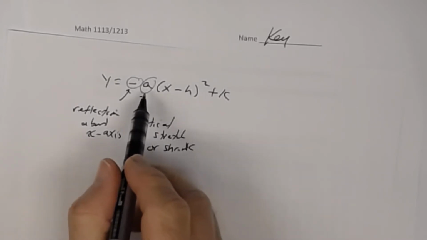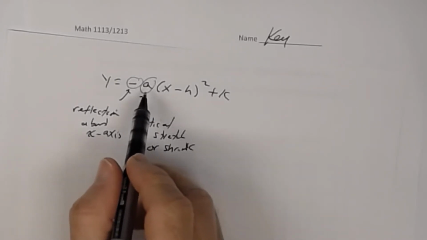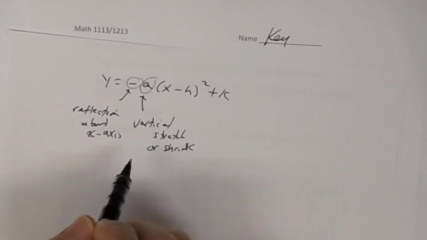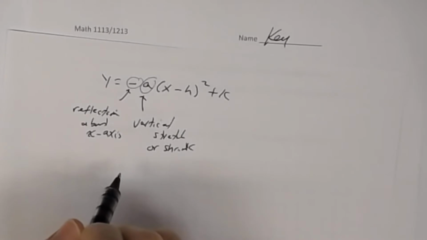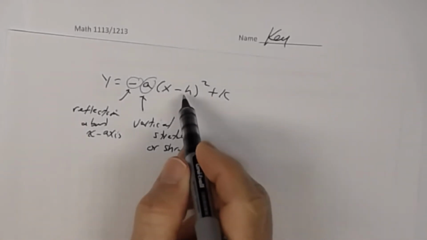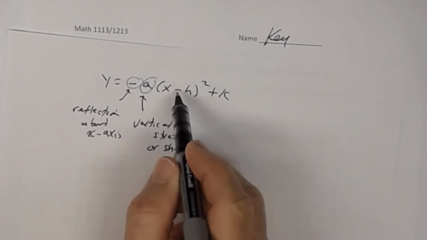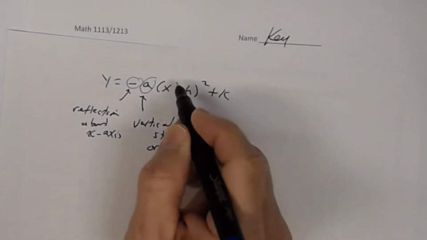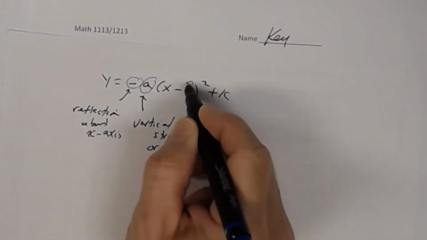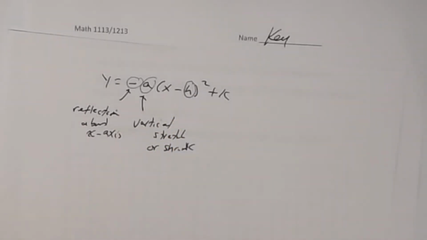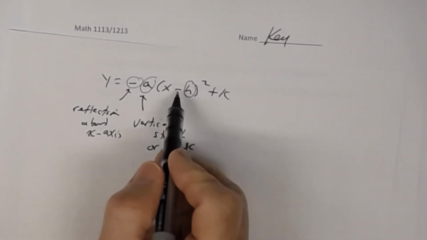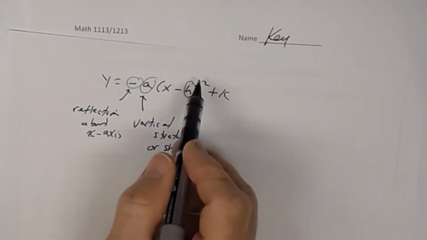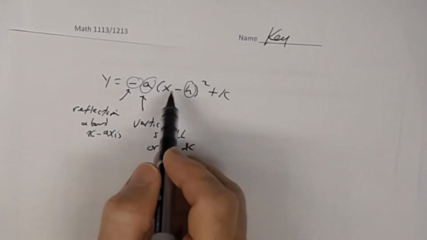If a is between 0 and 1, not including 0 and not being 1, then we have a shrink. All right, and then remember x minus, that minus is important. That h, notice I'm not circling negative h, I'm circling h.